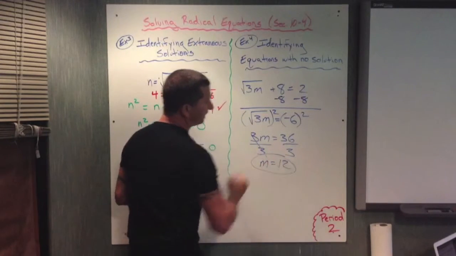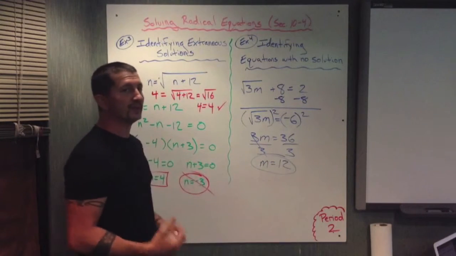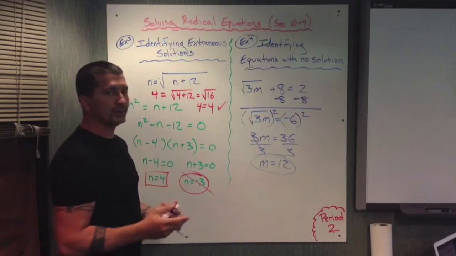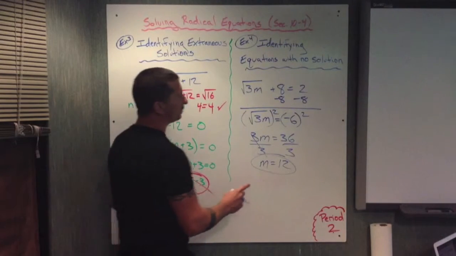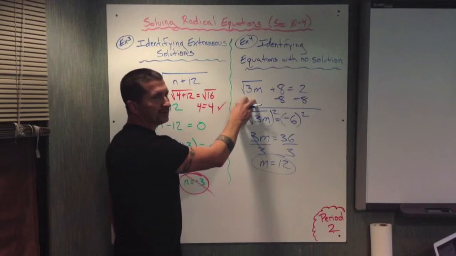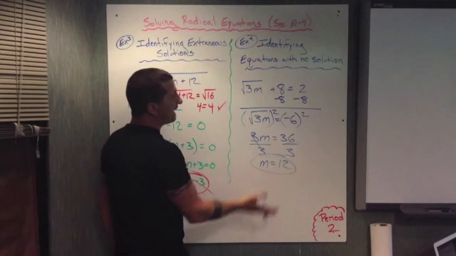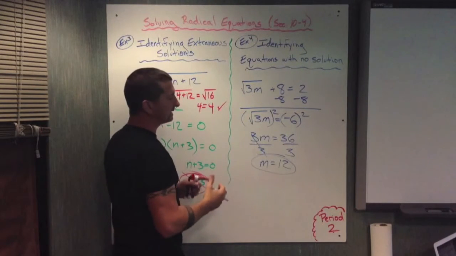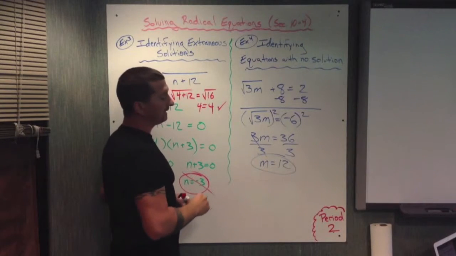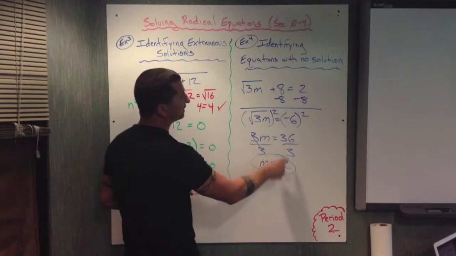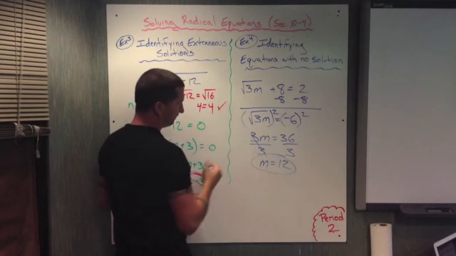Now if you stop there, you're going to say, okay, m equals 12, that's good. But it's not necessarily true. We need to see if it works. Anytime you have radical signs in your equation, go back and check your answers because they might be an extraneous solution. So plug 12 back in for m.